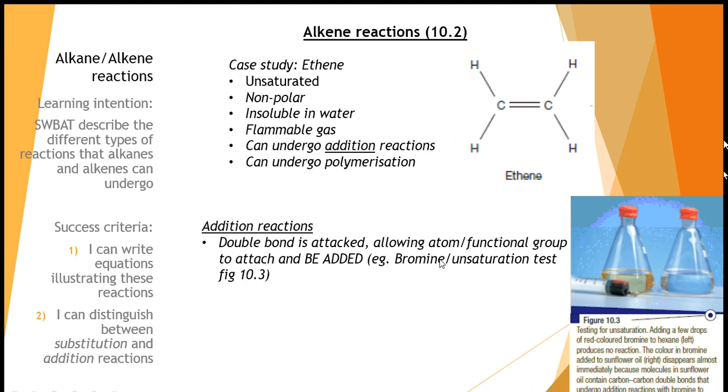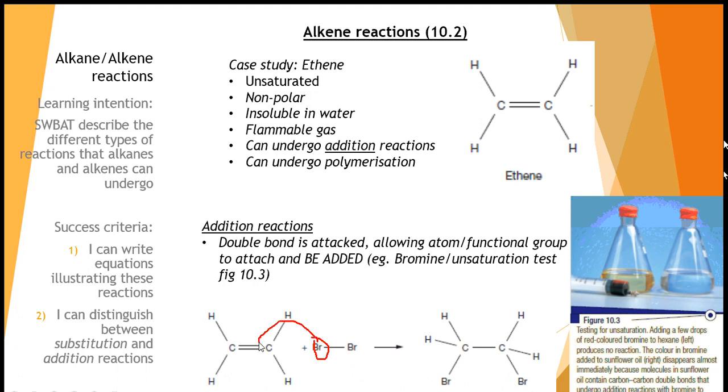Not swapped, but added. Here's an example: ethene reacted with bromine gas. The bromine doesn't swap with the hydrogen, it actually adds. It breaks the double bond and adds. So the bromine attacks the double bond, and then it attaches itself there and there.